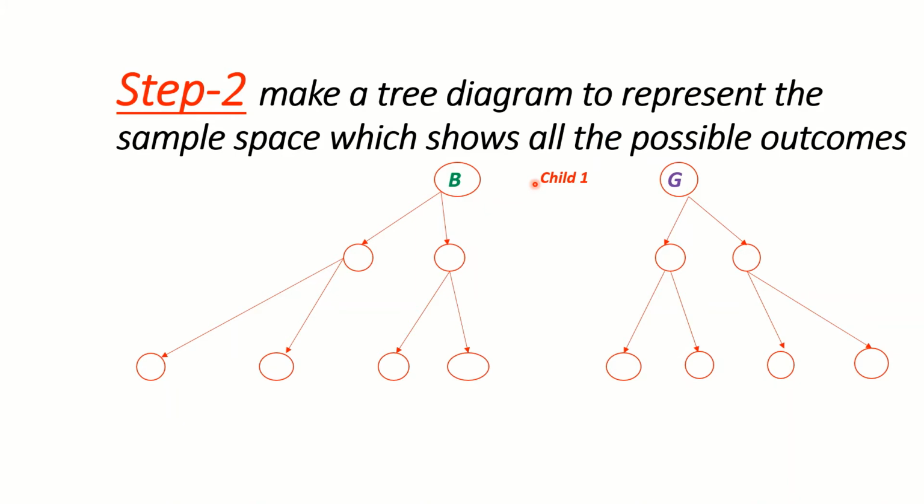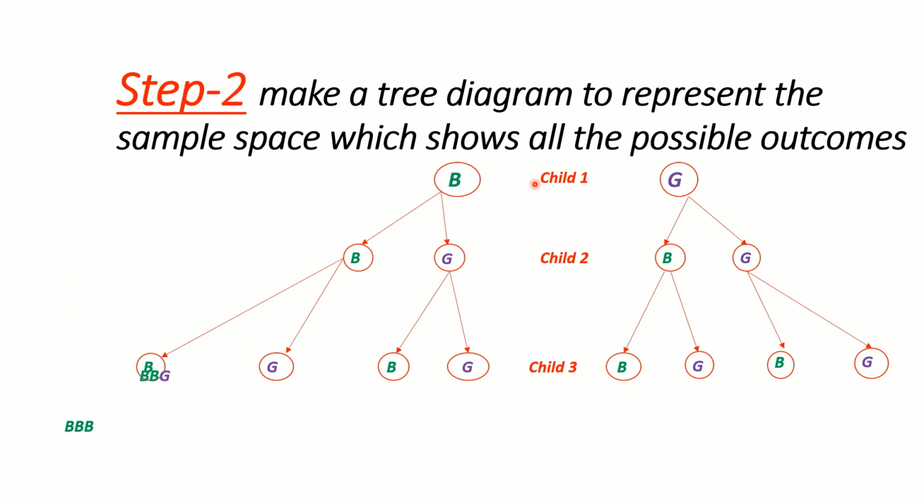The same thing is true for the second child, so the combination would be like this. For the third child the same thing is true, and the tree diagram will show you the possible combinations between the three children.